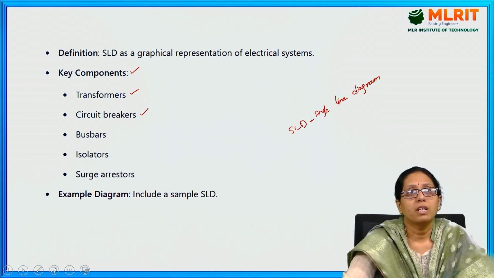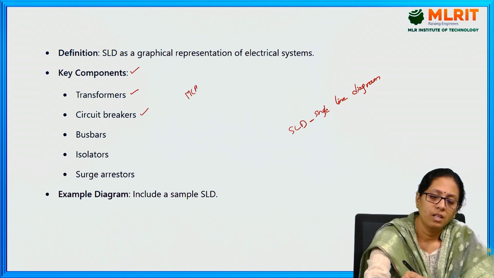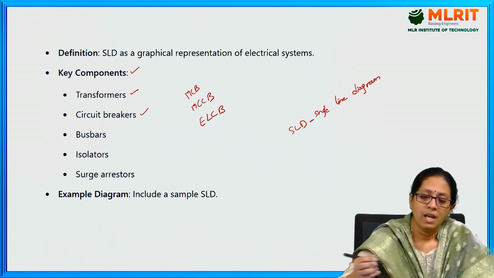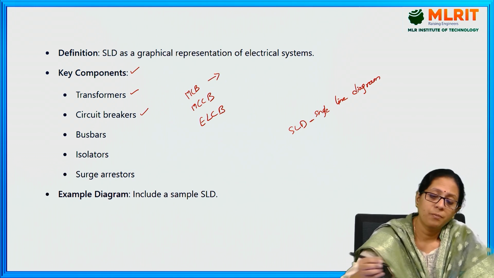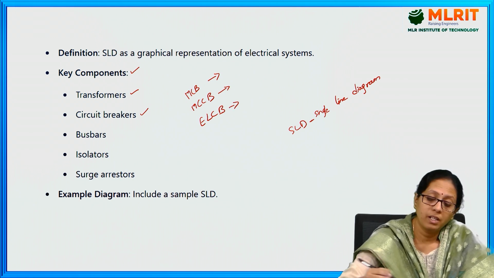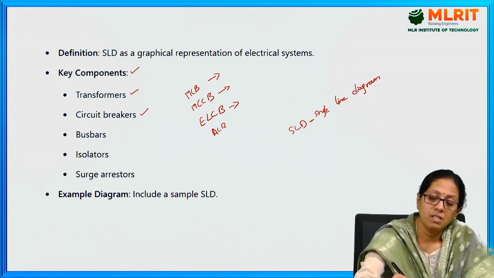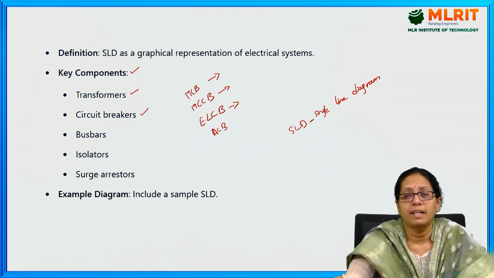Here there are different types of circuit breakers like MCBs, MCCBs, ELCBs. MCB is called a miniature circuit breaker. ELCB is earth leakage circuit breaker, as well as ACBs. So there are different types of circuit breakers which are represented in the single line diagram.